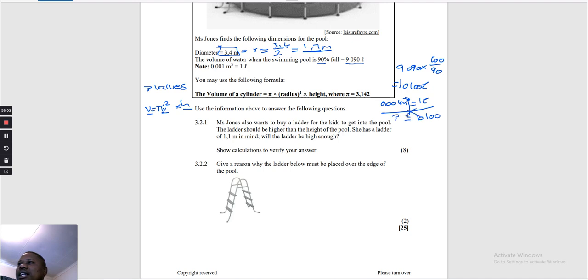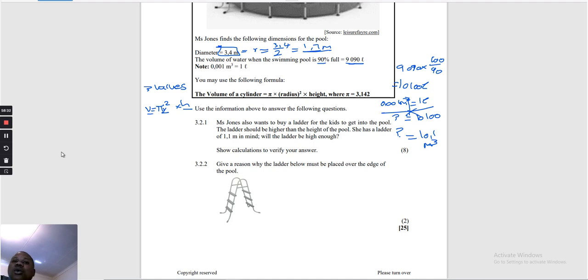Then we cross multiply: 10,100 multiplied by 0,001 gives us 10,1. Our question mark, in meters cubed, is 10,1 meter cubed. So the volume of that pool is 10,1 meter cubed.